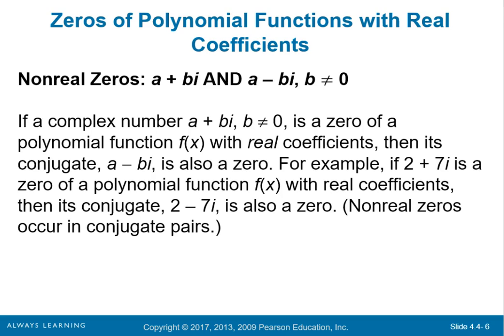Okay, so I want to point out that it is possible to have just complex solutions. In that case, you are going to have non-real zeros, which means we're going to have complex information.